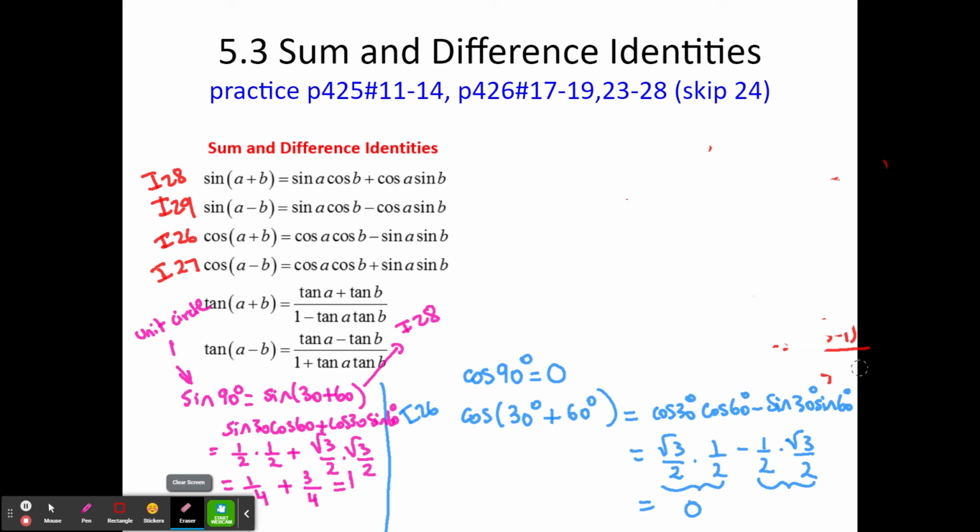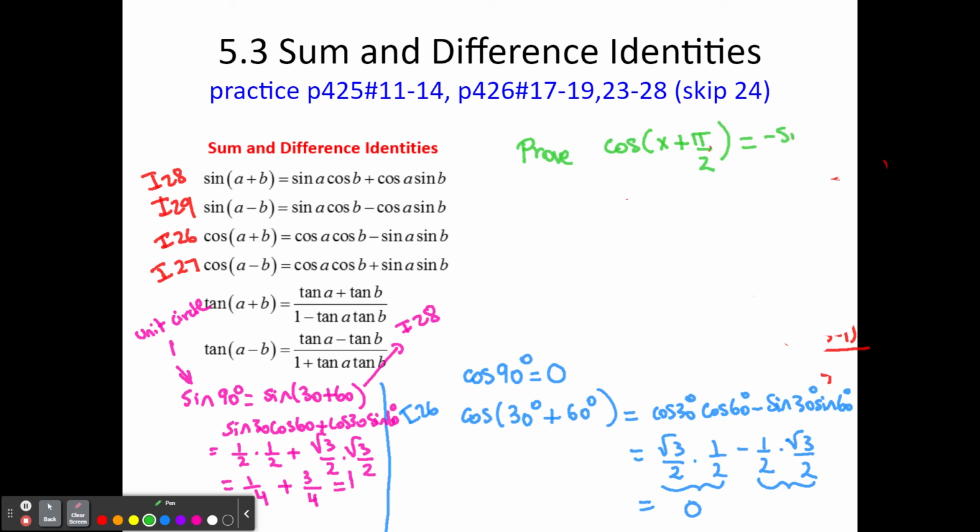So let's take a look at our example. Prove that the cosine of x plus pi over 2 equals negative sine x.